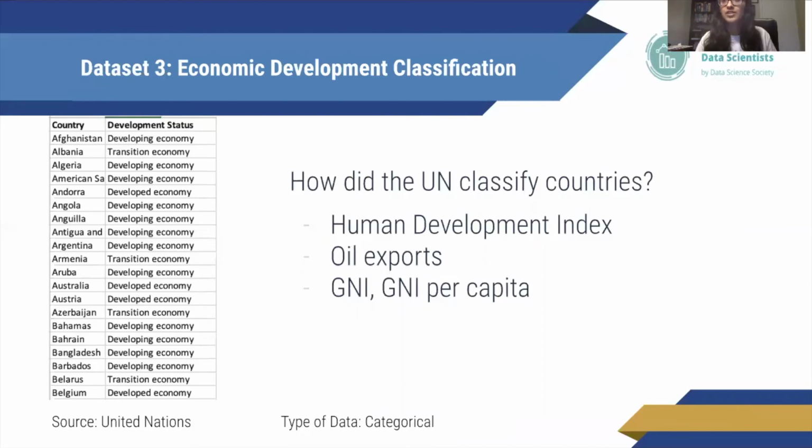I won't go too much into detail with that, but I recommend checking it out because it's very essential to how the UN determined this, or to the UN guide this data set. They also used oil exports and gross national income, that's GNI. GNI per capita and GNI overall in the country.